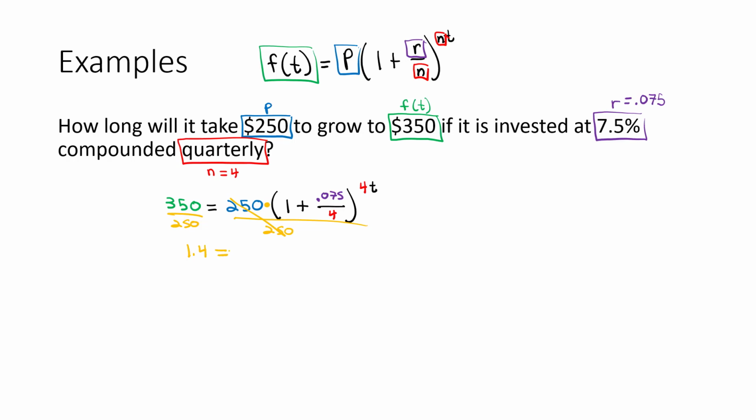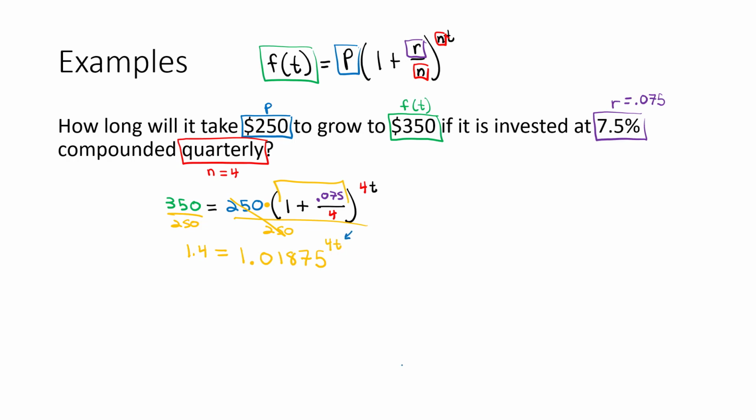I'm also going to simplify this parentheses stuff just to make life easy for us. 1 plus 0.075 divided by 4 is, and I'm going to keep all these decimals for accuracy's sake, 1.01875, and that's raised to the 4t power. And there's a lot of decimals, but this should look very familiar to us.